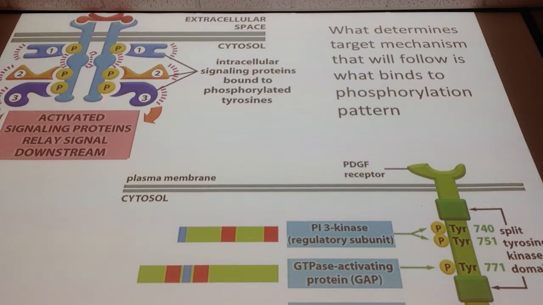So that's relay, right? Or recruit different enzymes that can each carry out a different activity. And right here is again divergent crosstalk. This is not divergent crosstalk, right? It's scaffolding.